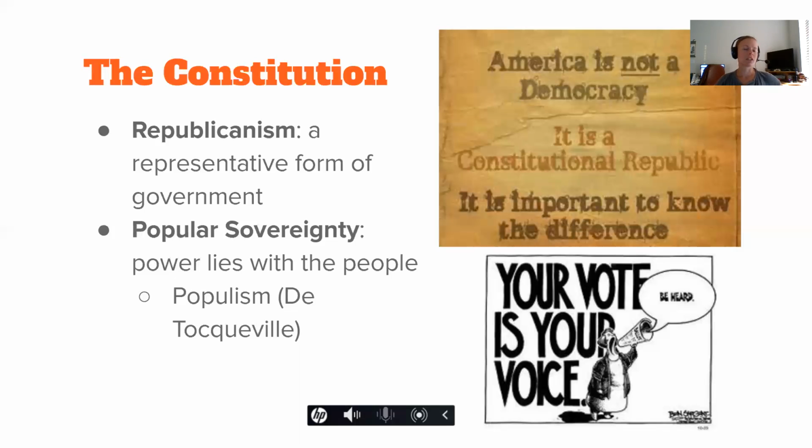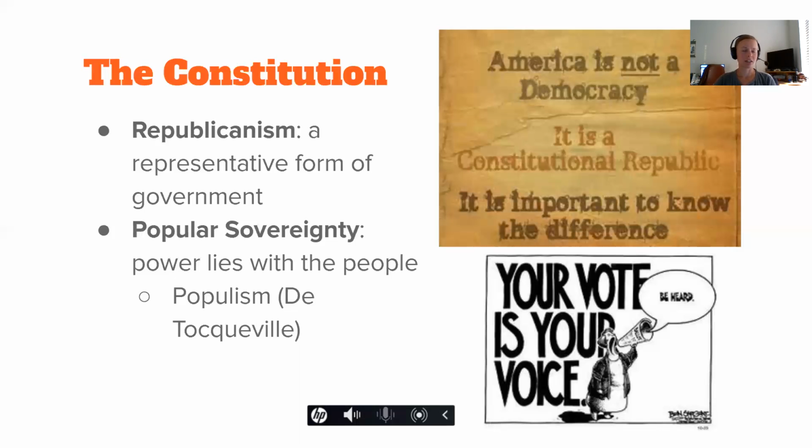That's a republic. That's where the term republicanism comes from. We've established a republic. Do not get that confused, though, with the political parties, the Democrats versus the Republicans. That is unrelated. That is a different thing.